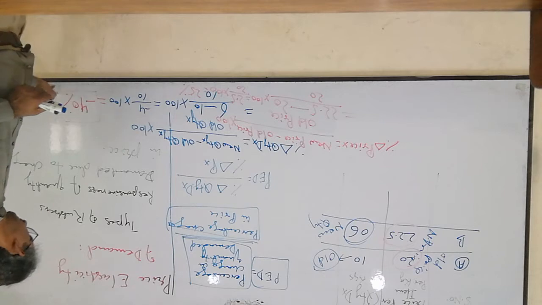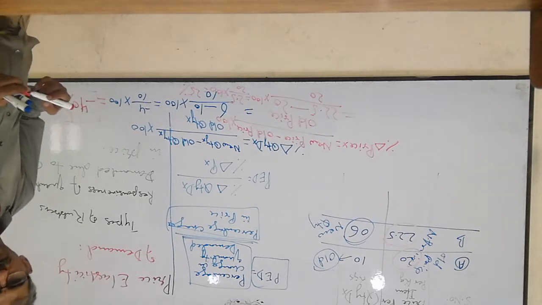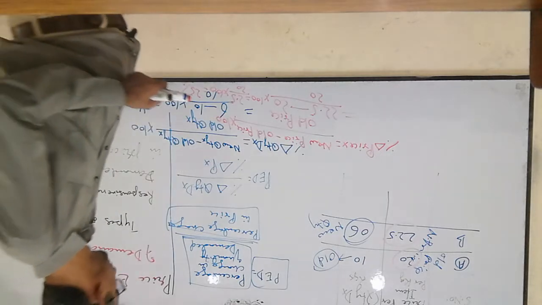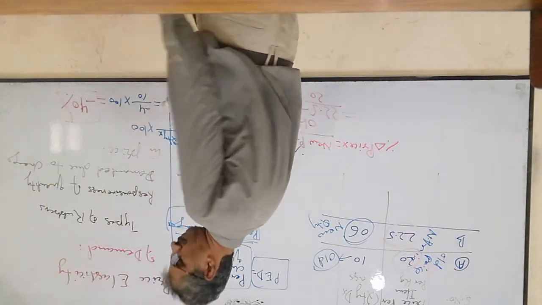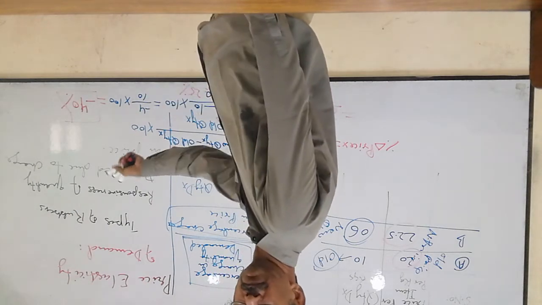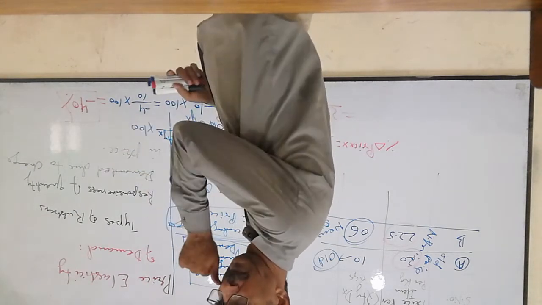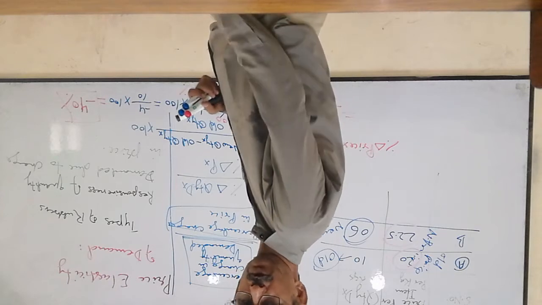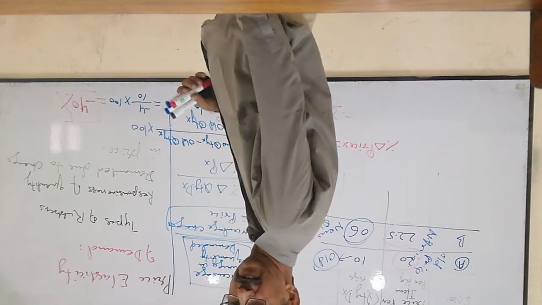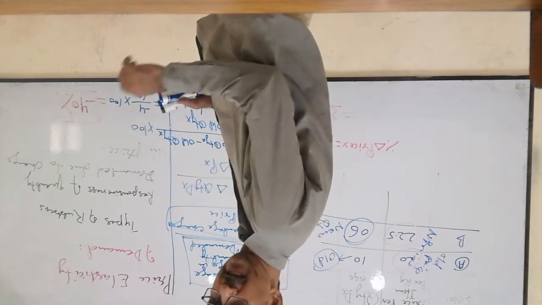Now you can see that there is a minus sign. You need to remember one thing: whenever you calculate the price elasticity of demand, you need to ignore the minus sign, because due to the negative relationship of price and quantity, we always have the negative sign.